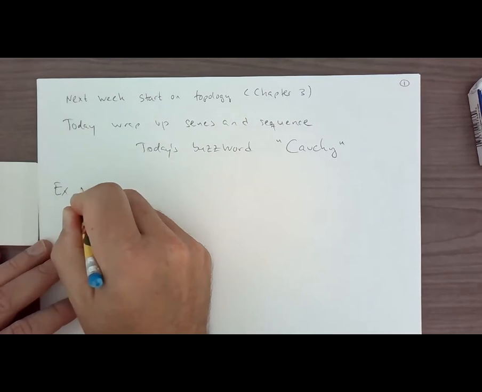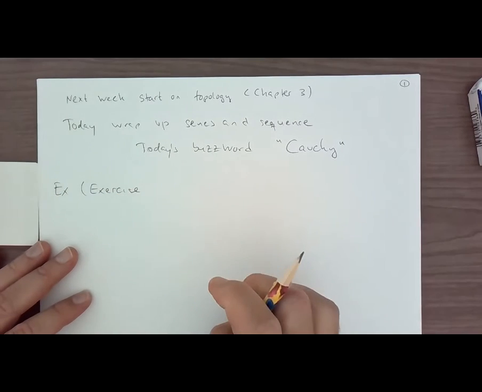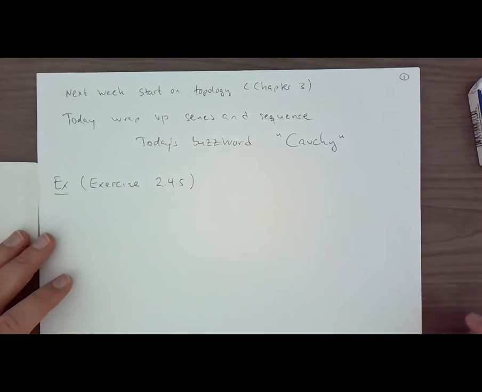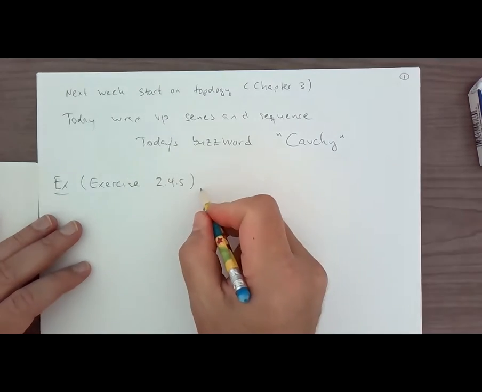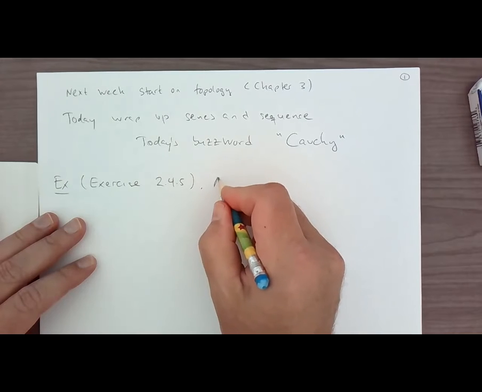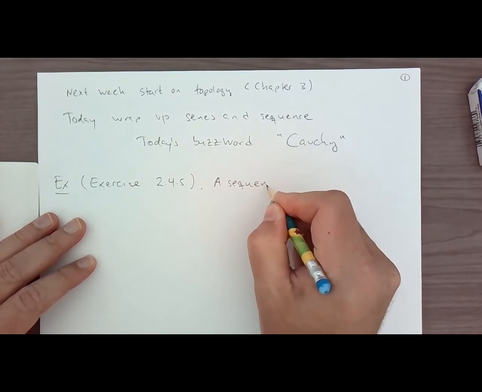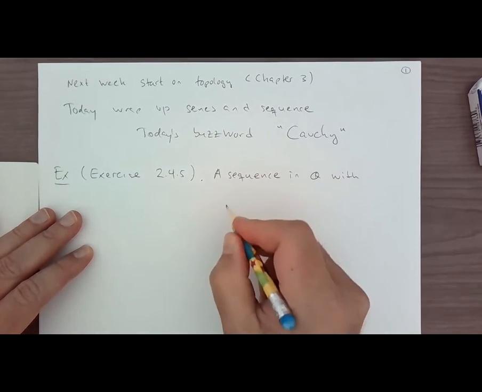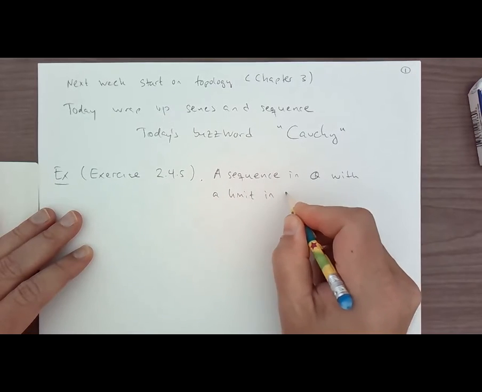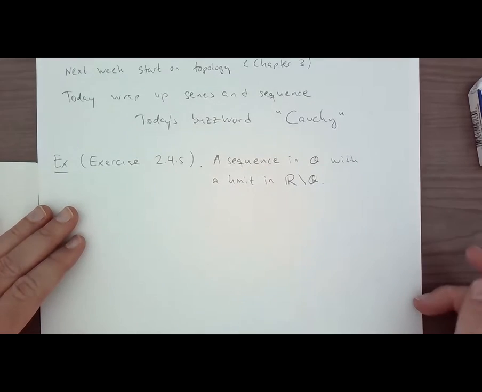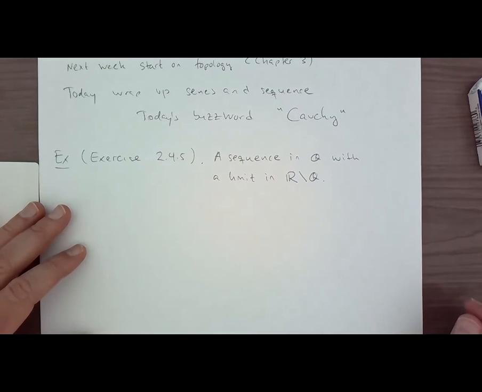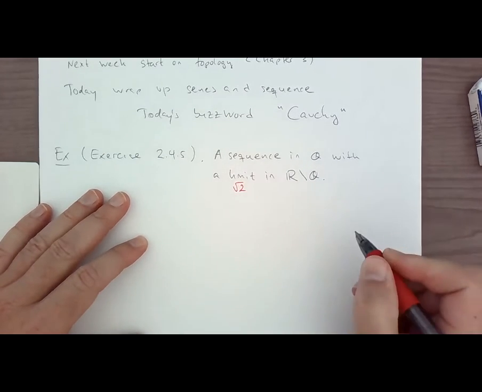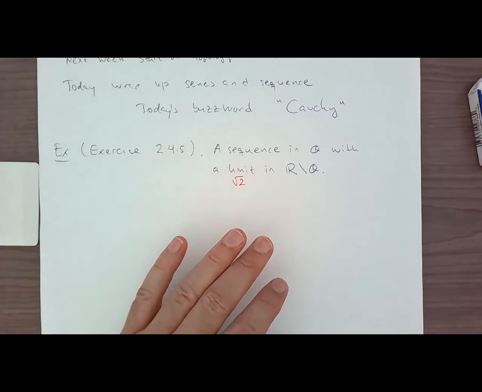So this is an exercise, exercise 245. It's an example of a sequence in Q with a limit in R, but not in Q. This limiting point is going to be the square root of 2, which we saw in one of the very first lectures.